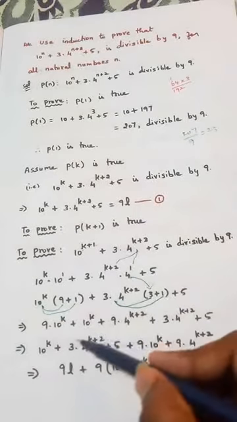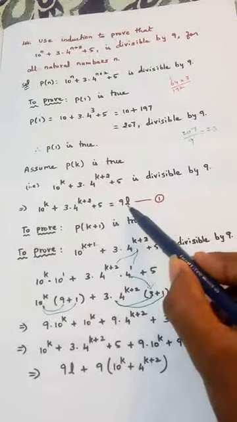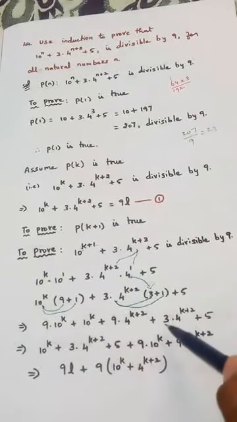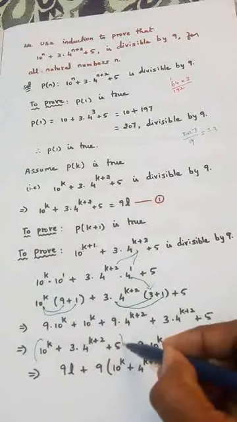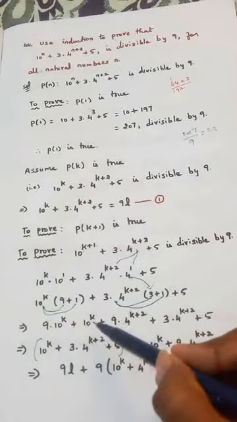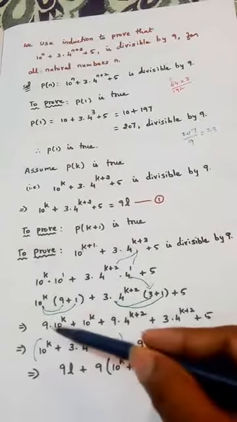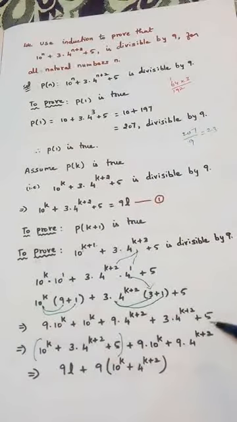Now after this I am arranging the terms because I have the result in my hand, the first equation. So 10 power k plus 3 into 4 power k plus 2 plus 5, because for these terms I have the result. I am collecting those separately. What is remaining? 9 into 10 power k plus 9 into 4 power k plus 2.